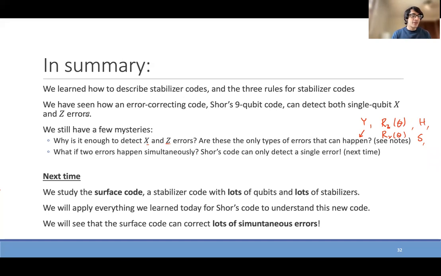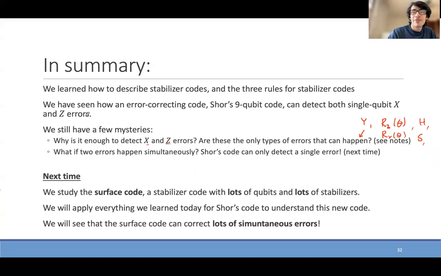The trick is that if the probabilities of errors are changing over time, then the optimal code might change over time. For example, the first code we used could correct X errors, but not Z errors. So if most of the time you're seeing X errors, that's a fine code to start with.